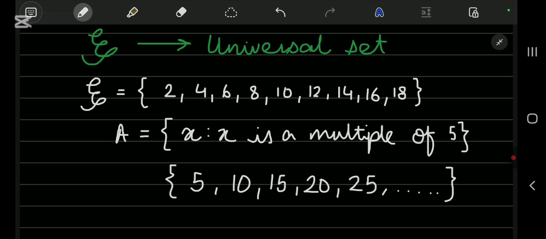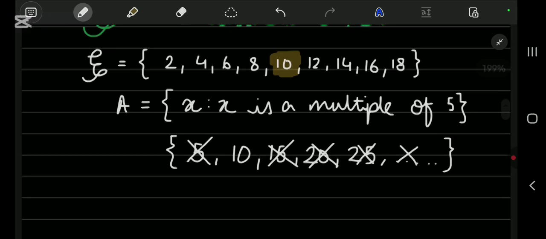But when a universal set is given in a question, that is your outer boundary. Your elements won't go out of that boundary. So you will look for only the elements that belong to that universal set. So only 10 amongst all these multiples of 5 exists in the universal set. So these all will be rejected.